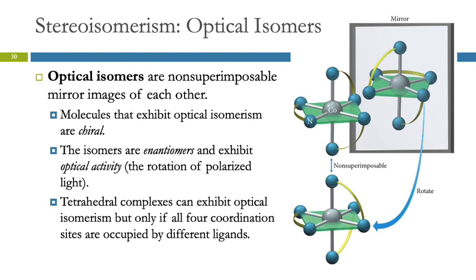So they are the same, but they're different. These molecules are called chiral. The different isomers are said to be enantiomers, and they exhibit optical activity.